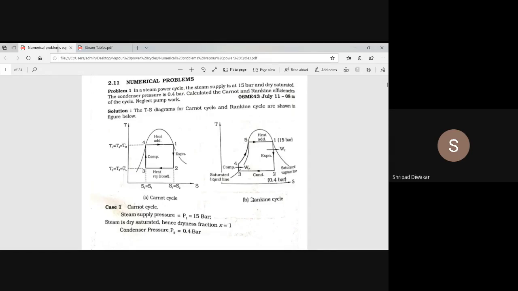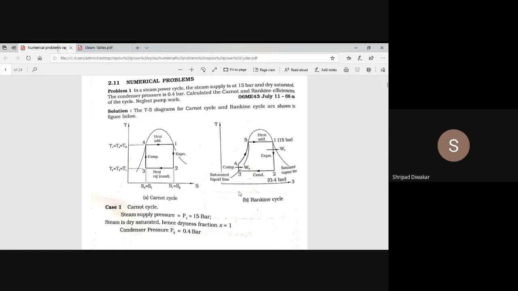Now you have to draw the Rankine cycle. The first process remains the same, 1 to 2, and 2 to 3 also remains the same. But here, you have to exactly touch that point on the saturation curve. 2 to 3 is your condensation process or your heat rejection in the condenser where temperature decreases, and then 3 to 4 is the pump work.